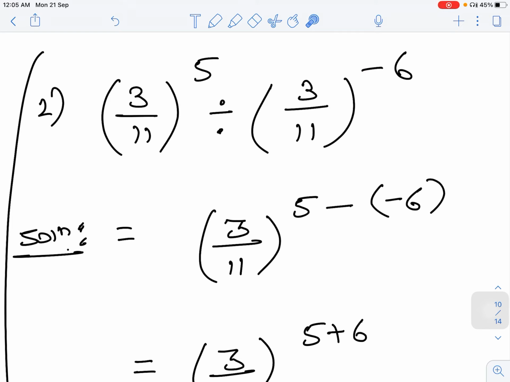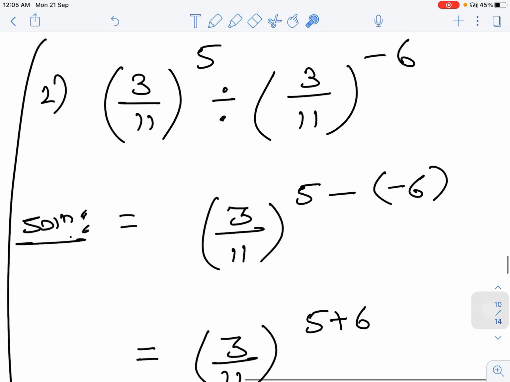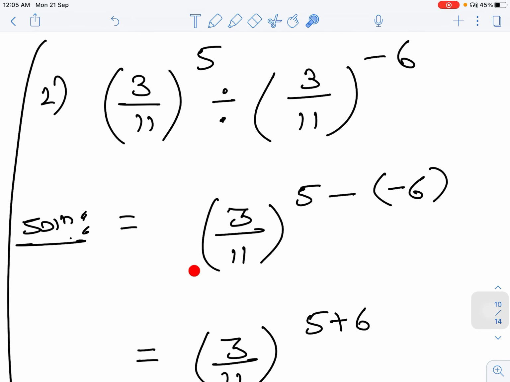So at that time what we will do? We'll write the base only one time and powers will be subtracting. So we have written this 3 upon 11 only one time, base as it is. Now this is our first power, so we have written here 5. Now remember this minus is of subtraction, that is rule. And what we have to subtract? We have to subtract this minus 6.